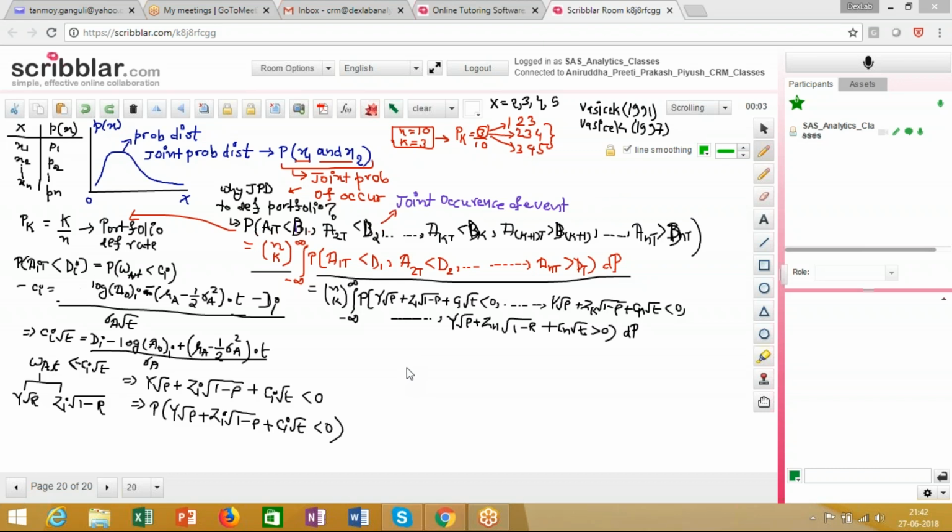So the probability of an ith obligor defaulting is nothing but the probability that the Brownian motion is less than a particular value Ci.